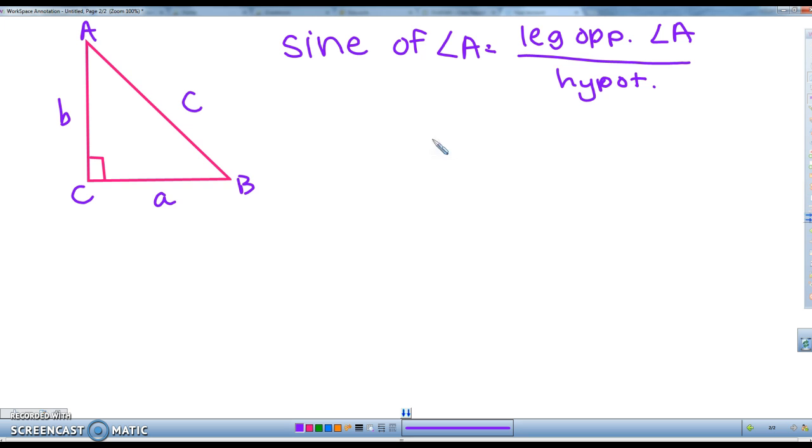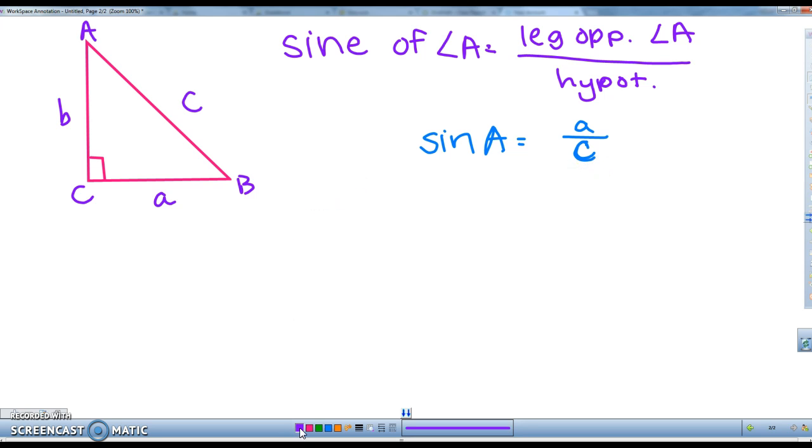Okay, so to abbreviate that, we can say sine A, or the sine of angle A. It's not pronounced sin, even though the E is not on it. The sine of angle A is the leg opposite of A, so that would be side A, over the hypotenuse C. Okay, so it's A over little c.